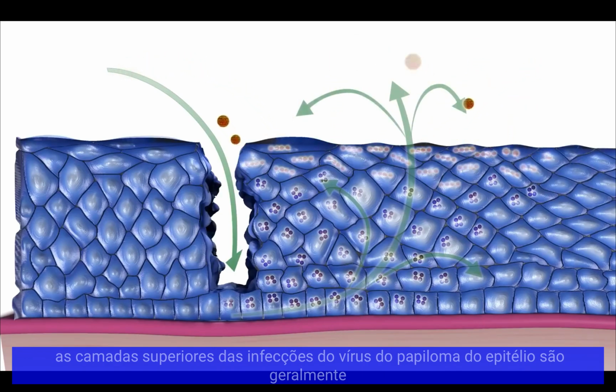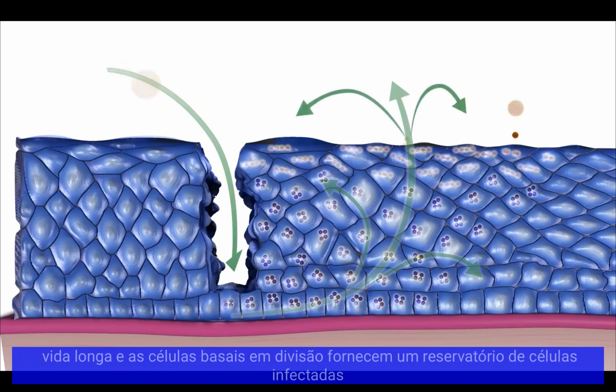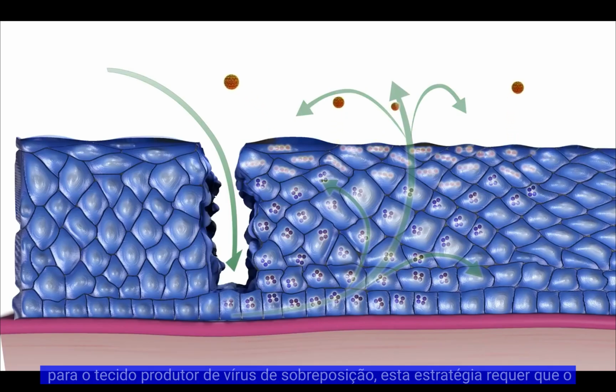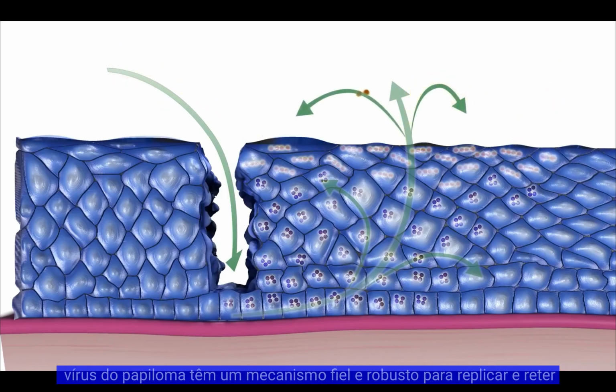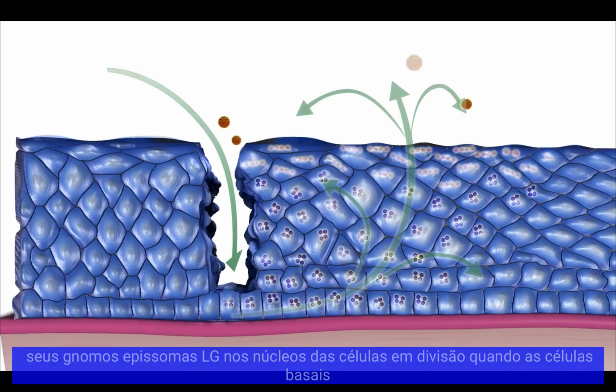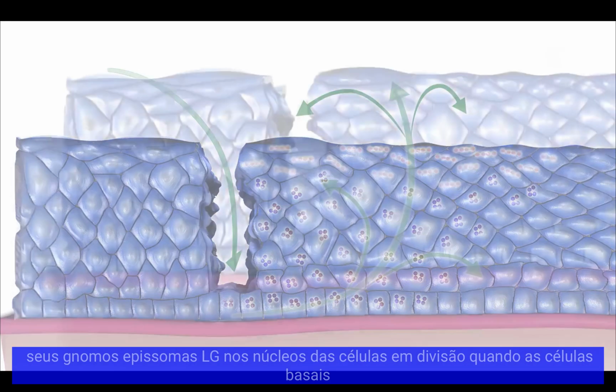Papillomavirus infections are usually long-lived, and the dividing basal cells provide a reservoir of infected cells for the overlaying virus-producing tissue. This strategy requires that the papillomaviruses have a faithful and robust mechanism to replicate and retain their episomal genomes in the nuclei of the dividing cells.